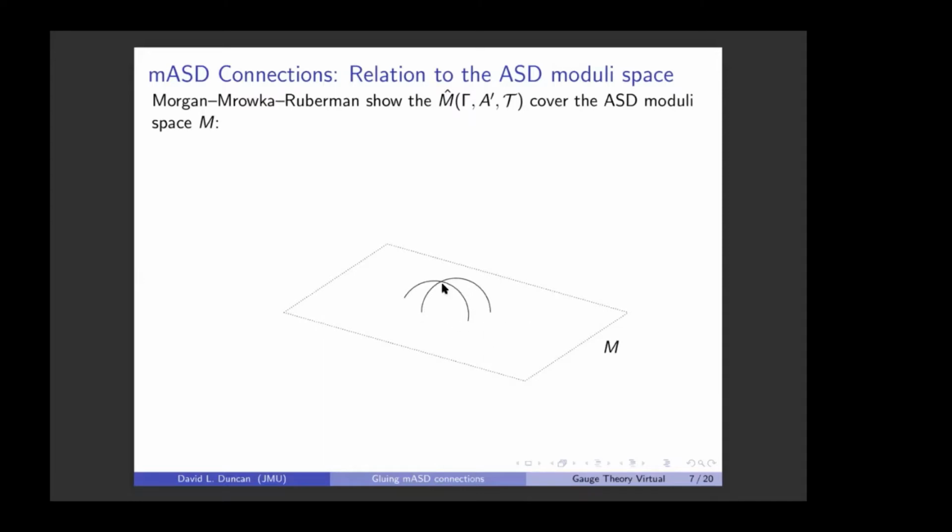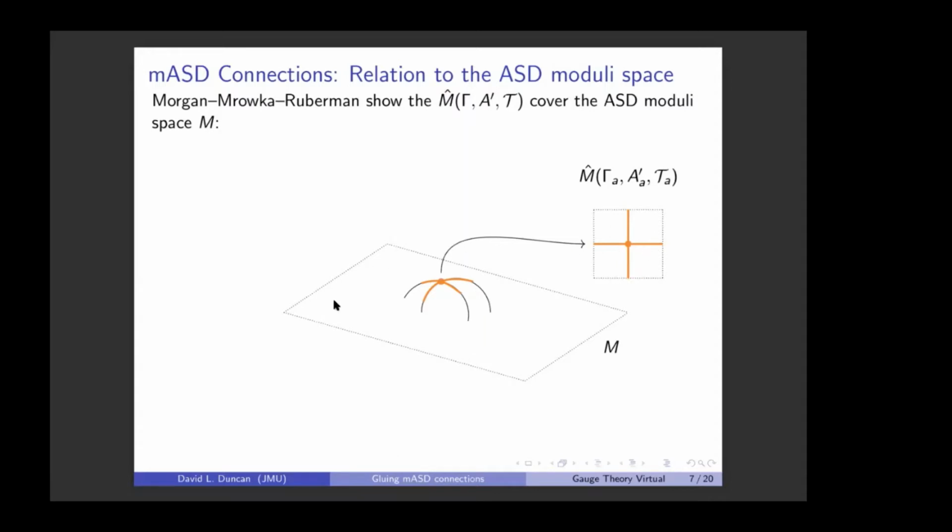So let's say that we wanted to cover this point right here, this ASD connection represented by that orange dot. So there's going to be some little neighborhood in the ASD moduli space, and there's going to be some collection of this extra data, so that there's an embedding from this little neighborhood in the ASD moduli space into what they call the thickened space, the mASD space.